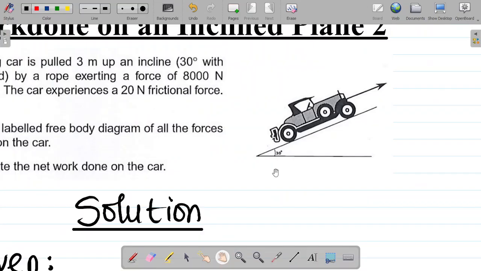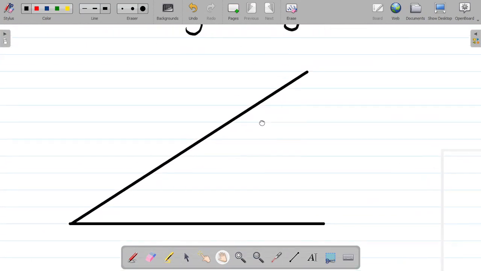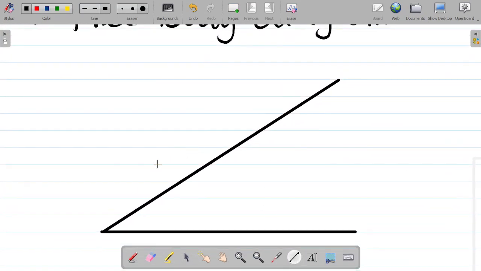We don't really have to draw the car. We could just draw a box and call it the car. So I'll draw a box here, and better still, let me write this in a slanted way: C-A-R.